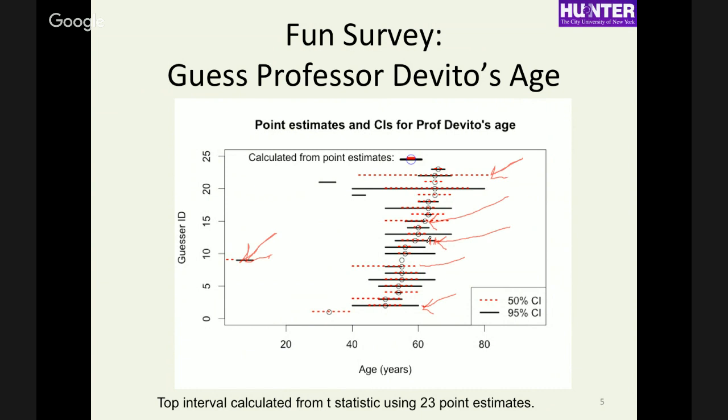The only case I can imagine where that would actually happen is if you had some piece of information that made it impossible that he was older than some amount. But then the 50% confidence interval does extend to there, so I think there's some confusion there. When you're entering numbers into the survey, it's a little less obvious than when you're looking at it on the screen. You can see kind of what things do and don't make sense.